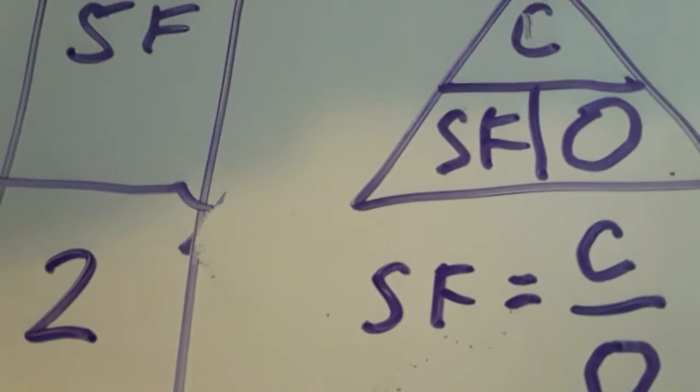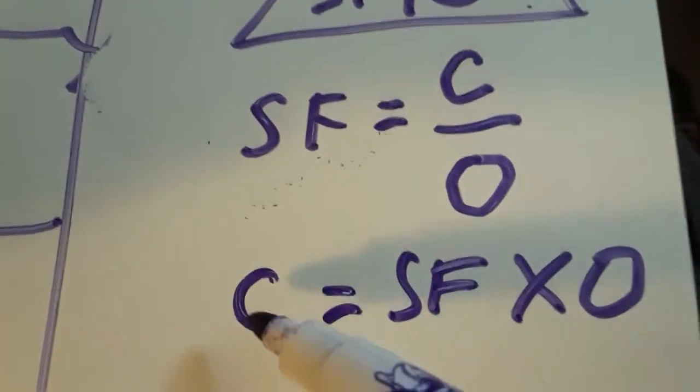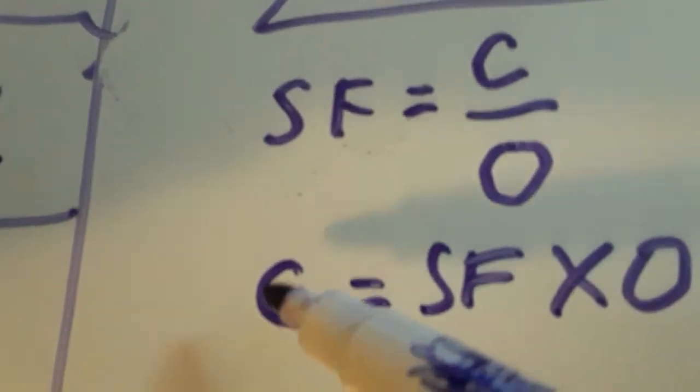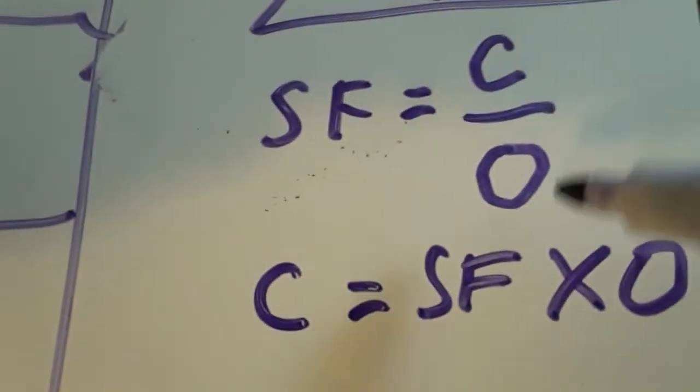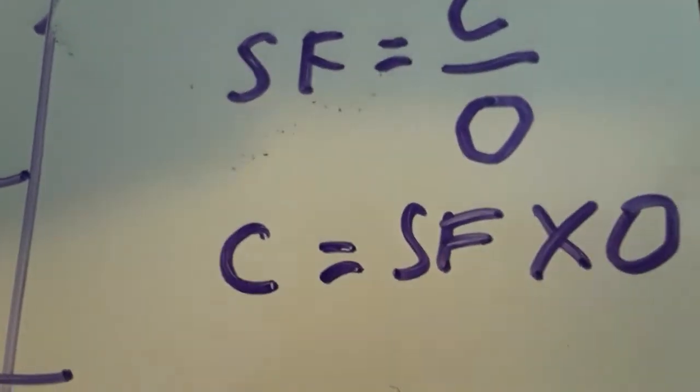So the copy is equal to the scale factor times some part on the original. Again, I always like to use rectangles, it's the easiest, but some length on the copy is equal to the scale factor times the corresponding length on the original.